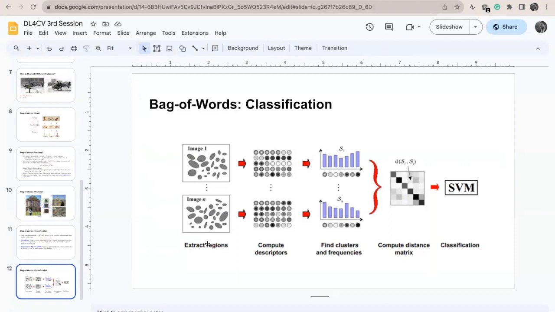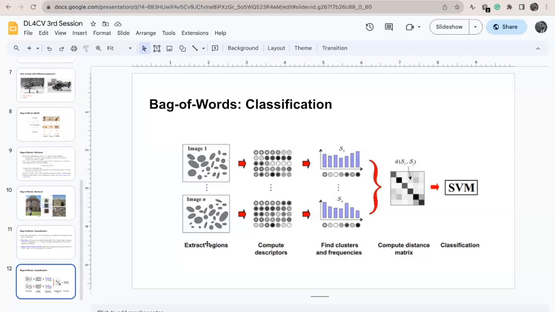We compute the descriptors of the images as vectors, and we use that vector to build the histograms and find the clusters and frequencies, and we use that to compute the distance matrix. If the distance between two images is smaller, we can say that these two images belong to a class, and we use that information in a classification machine such as SVM to classify our target image.